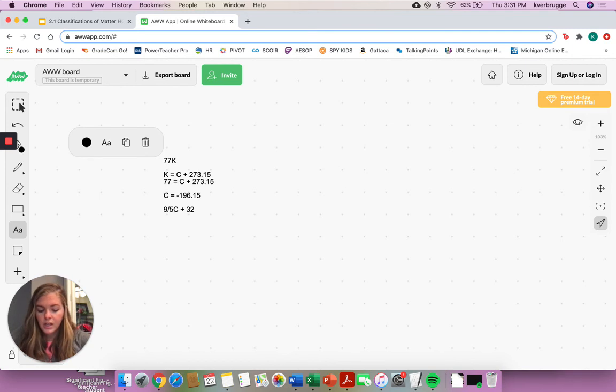You should hopefully get that Fahrenheit equals right around -321.07, and we know that we can only have 2 sig figs because we started with 2, so our answer would be about -320 degrees Fahrenheit.